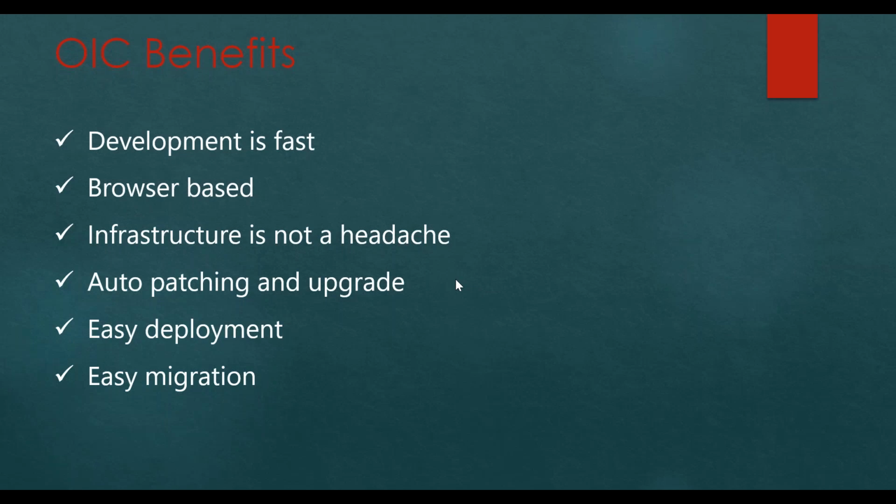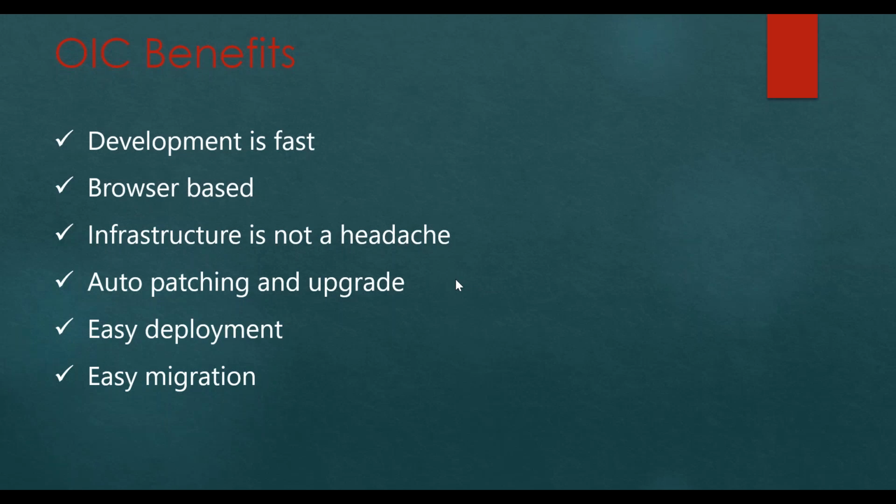Everything comes by default with OIC, and everything is maintained by OIC. You don't have anything in your hand to maintain all these things. The patching and the upgrades will happen automatically.